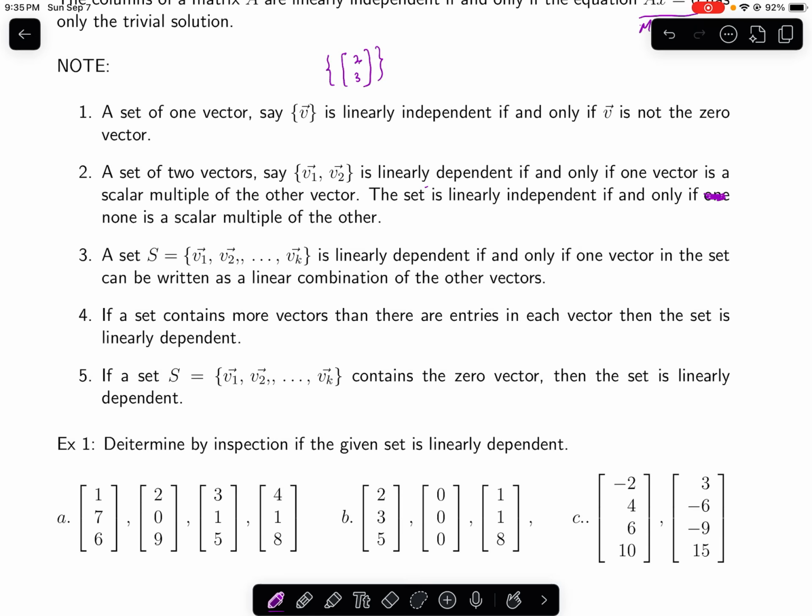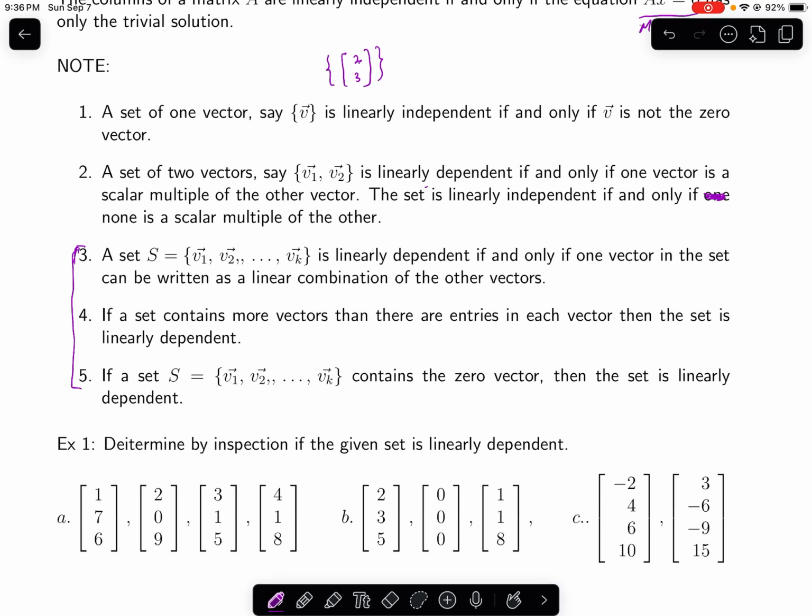If a set S equal to v1, v2 up to vk contains the zero vector, then the set is linearly dependent. So these are the three things that you need to remember about linearly independent or linearly dependent vectors.